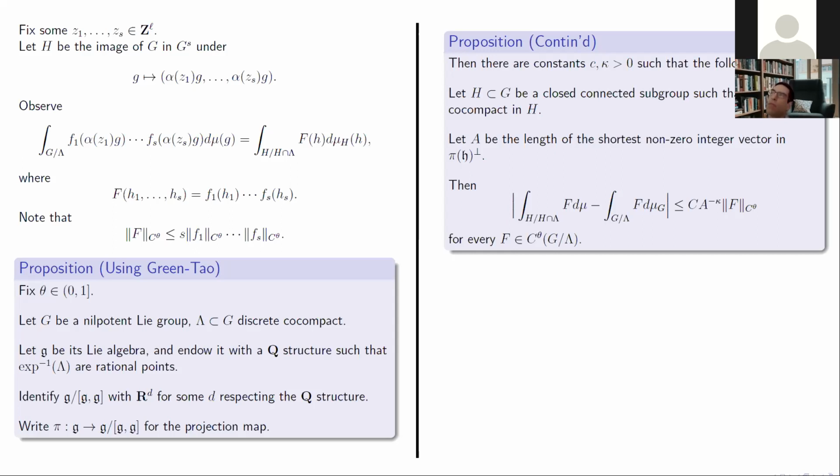And so what this proposition says is that if you want to find out how close this subtorus is to equidistribution in the big torus, then what you need to do is look at this subspace which gives you the subtorus, look at its orthogonal complement, and what you hope is that you will not find a short integer vector in the orthogonal complement.